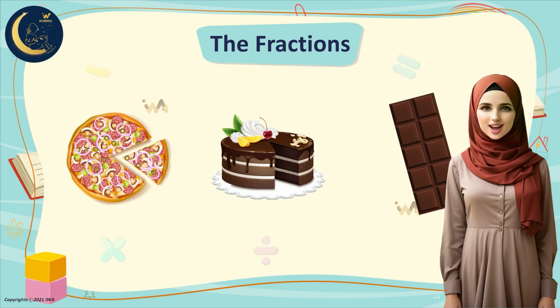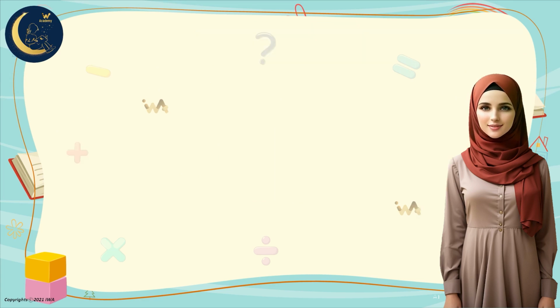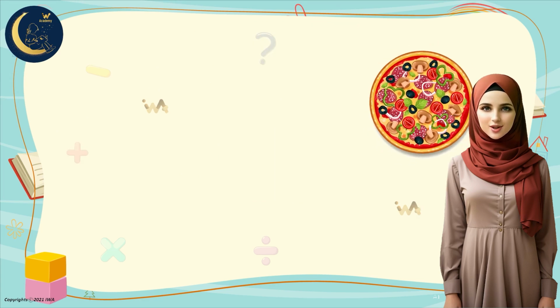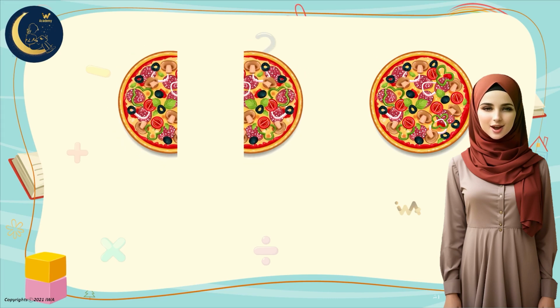Let's see what the fractions look like. When dividing anything into equal parts, we can express any part of these parts by fractions. The fraction is written like this. We call the top number the numerator, which expresses the number of parts that we are talking about.